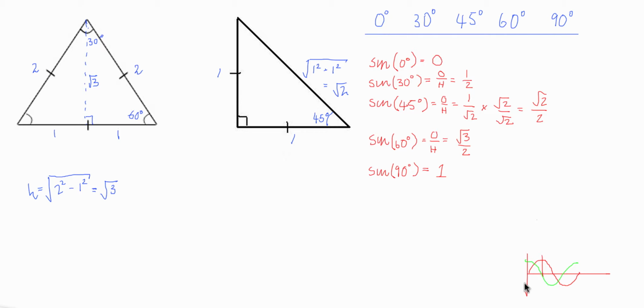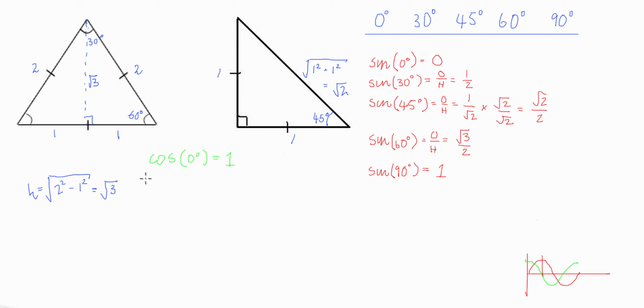So hopefully you understand or remember that cosine of 0 degrees is just equal to 1.